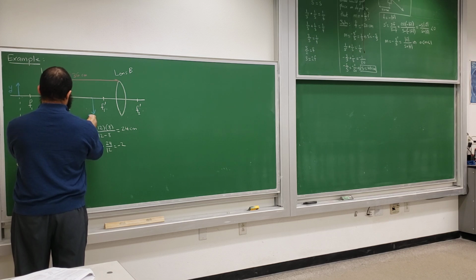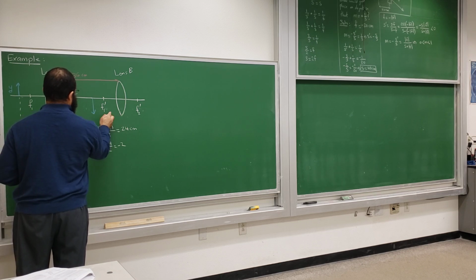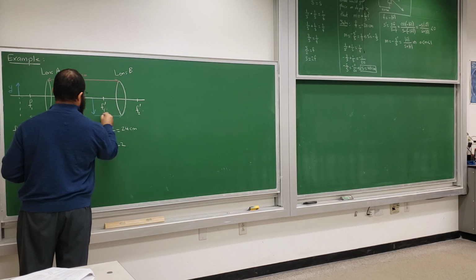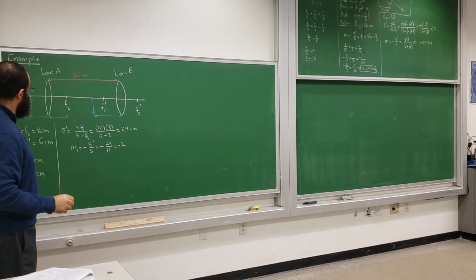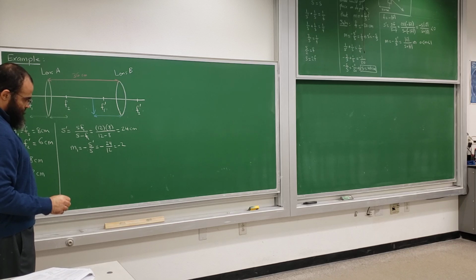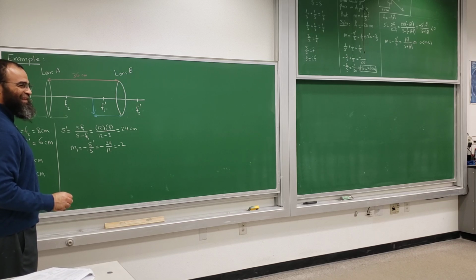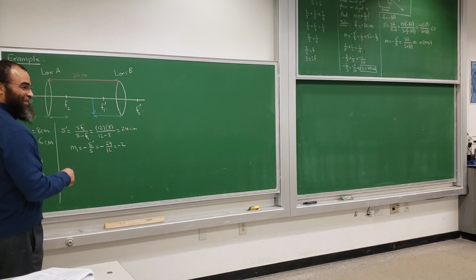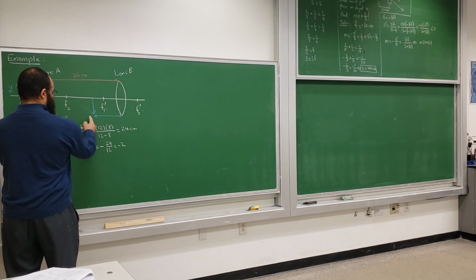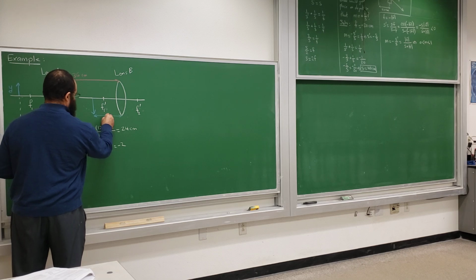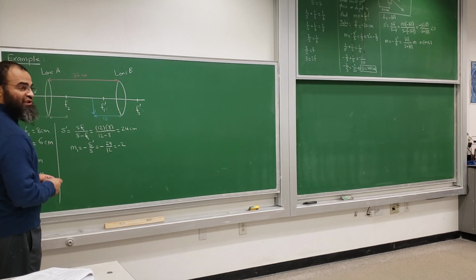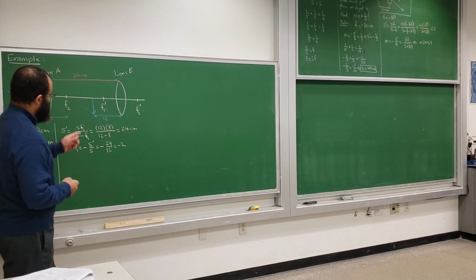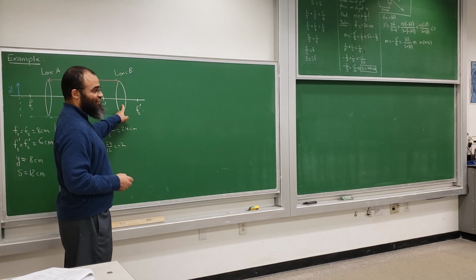If this is 24, what would this distance be? 12, isn't it? I will double check my work. It is 12. Yeah, this is 24, so this is 12, okay? So that's our object now. That's the object for this lens, okay?